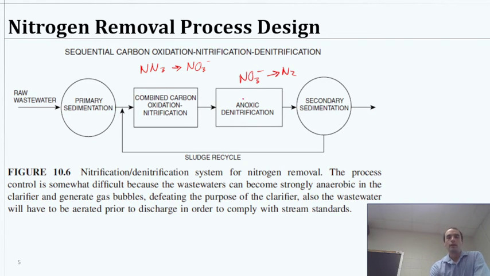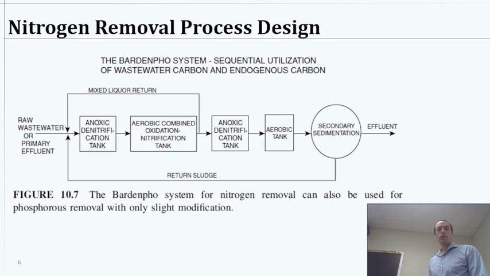So that has to be a carefully controlled situation. And then do secondary sedimentation and continue as normal. So in this case, we've sort of inserted a step into the secondary treatment train to achieve that denitrification. This is just one example. There are many, but that's kind of a little feature of how you might do it.